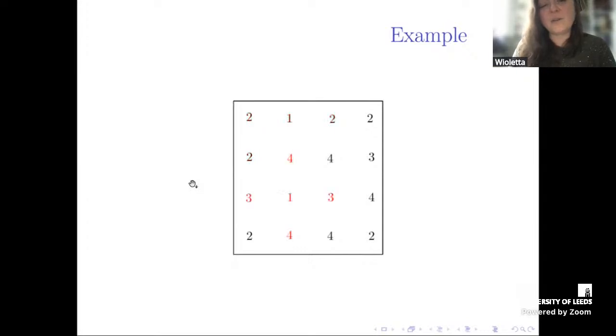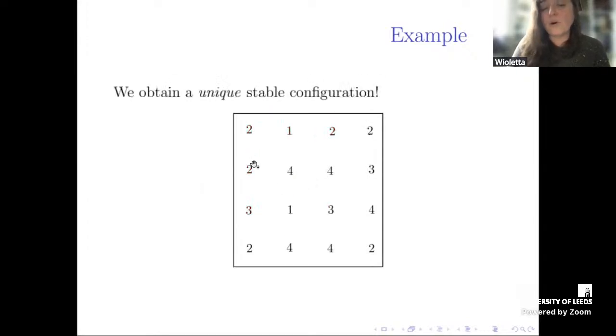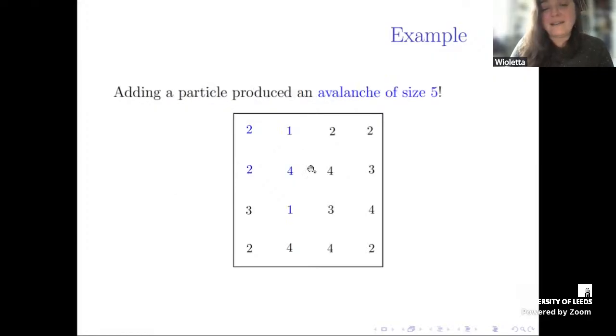So I continue, and at some point I obtain a unique stable configuration, again consisting of numbers between 1 and 4. And here, just to show you, we remember we added a grain at this vertex, and upon adding a grain at this vertex, I created an avalanche of these blue sites which toppled.